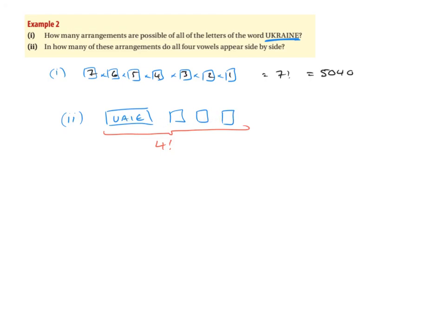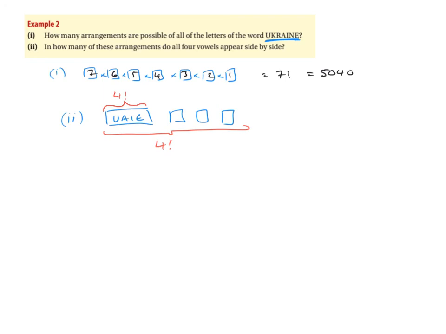Now, it also means that we can change the order of these, because it just says that the vowels have to appear side by side. So it could be U, A, I, E, it could be U, I, A, E, and so on and so forth. And we've already done this because we did it with A, B, C, D. Which means that we have 4 factorial ways of changing around the 4 vowels in this super tile.